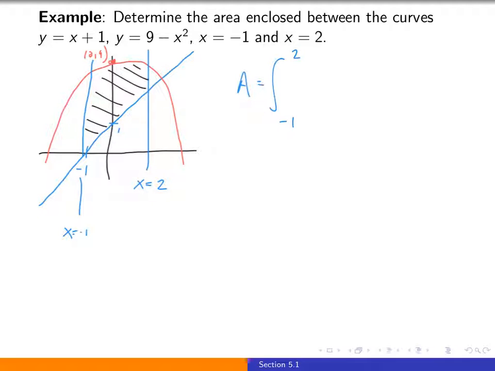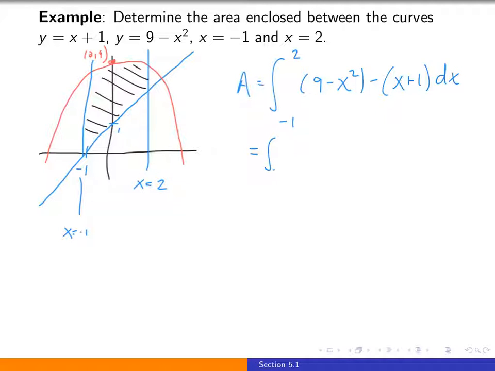And what we integrate is going to be the larger function, which in this case is this parabola 9 minus x squared. And we subtract away from the larger function the smaller function. The smaller function enclosing the area was the line y equals x plus 1.